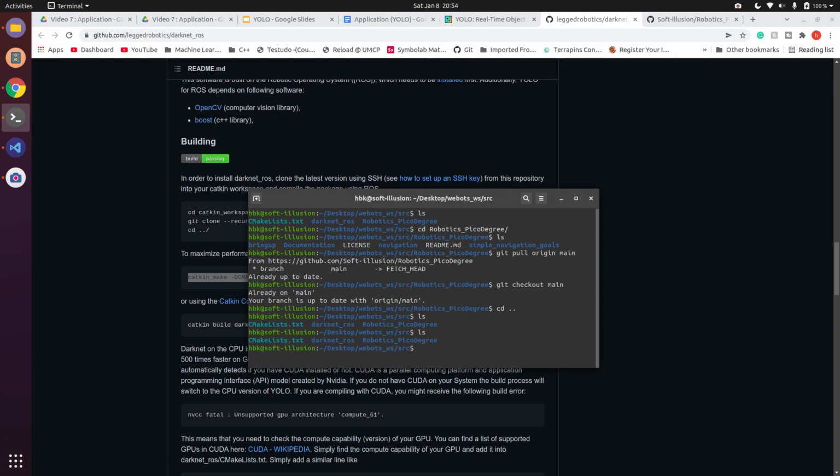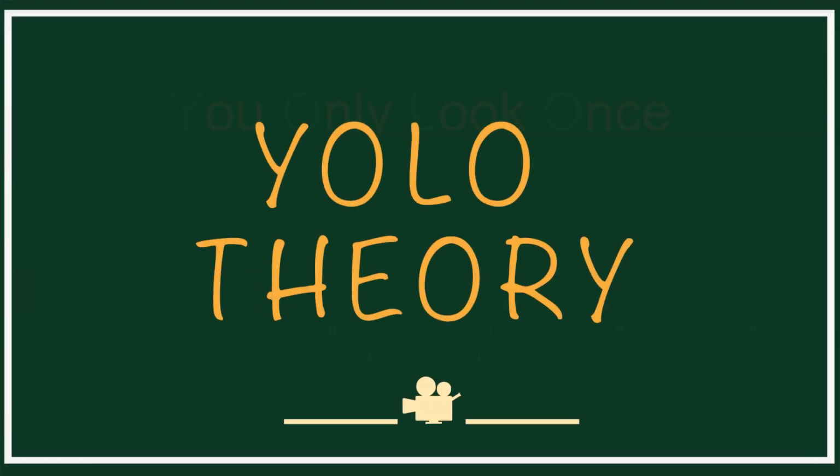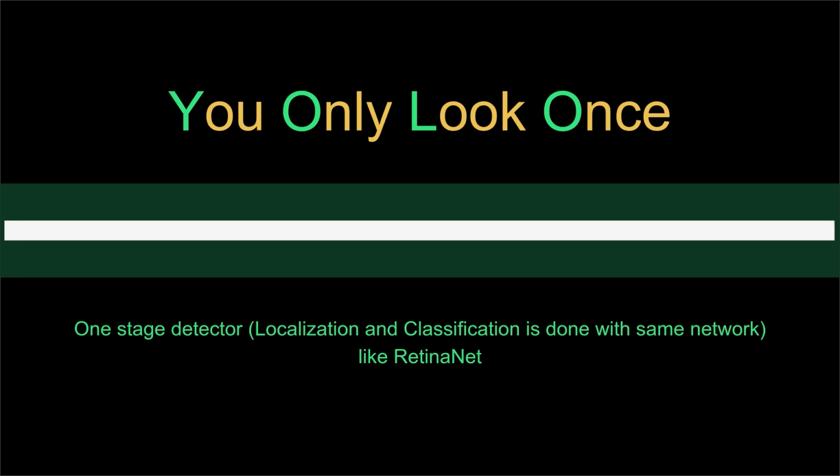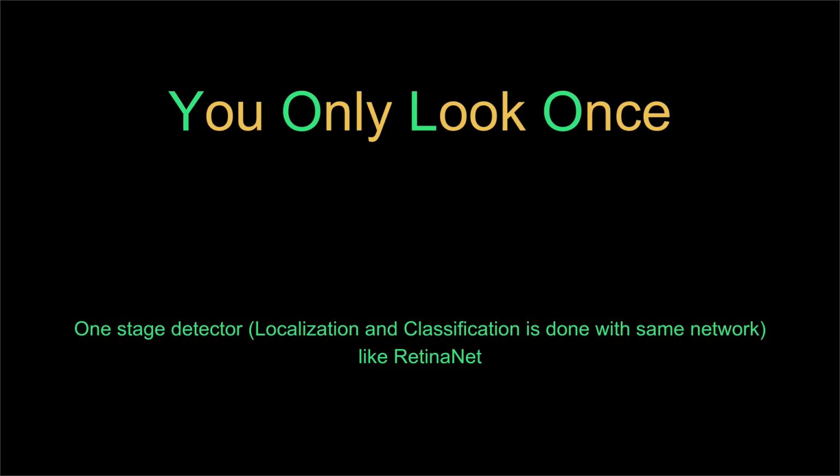So before seeing the implementation, let's understand what is YOLO, and I will also be sharing a great YOLO resource in the description. So let's start with the full form of YOLO. It's You Only Look Once.